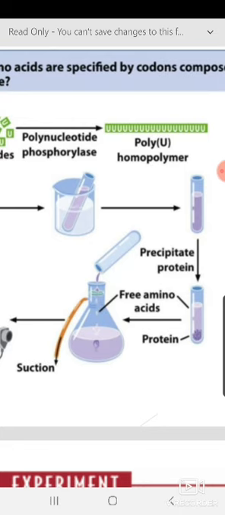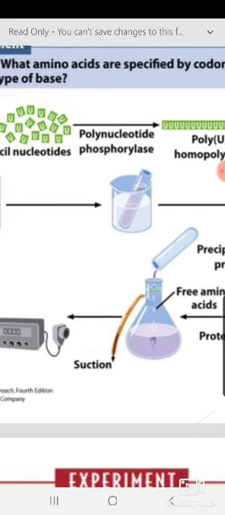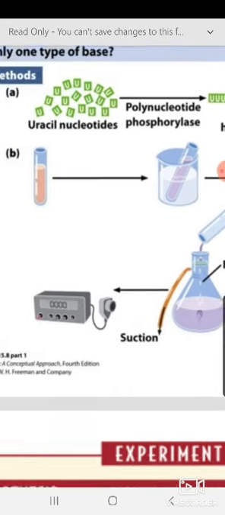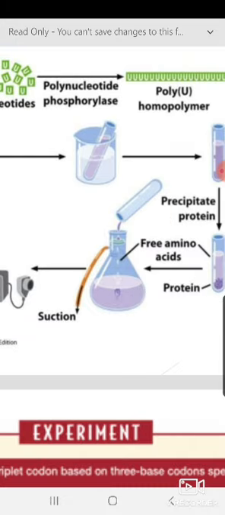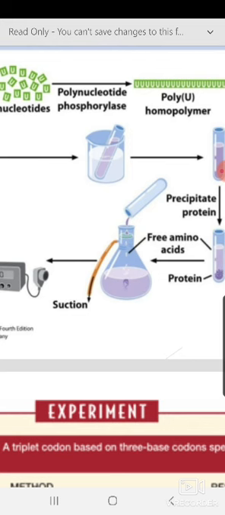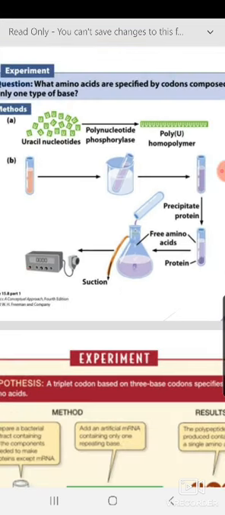Then they precipitate this whole mixture by adding TCA, trichloroacetic acid. Then they take the precipitate. If there is any protein synthesis, that will precipitate. And how do we check whether the precipitate is really a protein, and what the sequence is? They did the sequencing, and also scintillation counting, because that amino acid is labeled. From this they concluded that UUU codes for phenylalanine.